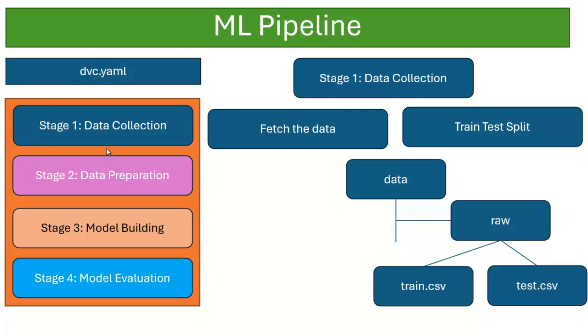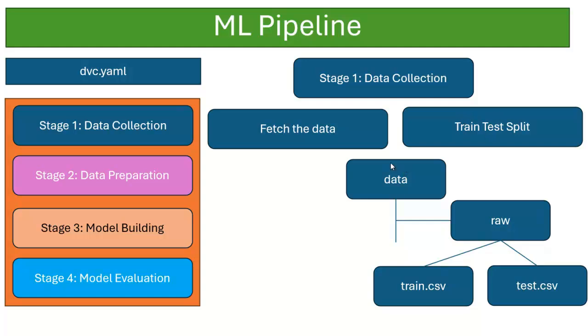In our first stage, data collection, we will collect the data. In our case, the data is available locally. You can fetch the data from a URL if it is available somewhere on the internet. After that, we will perform a train test split, which means we will separate our data into 2 parts, one for training and another for testing.